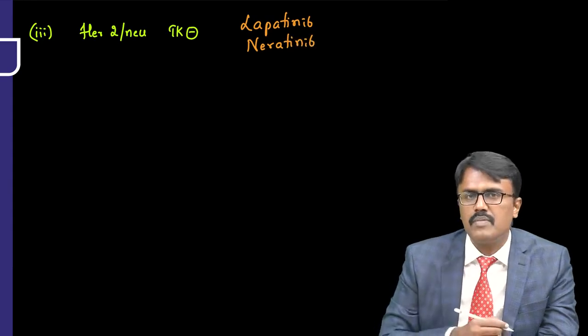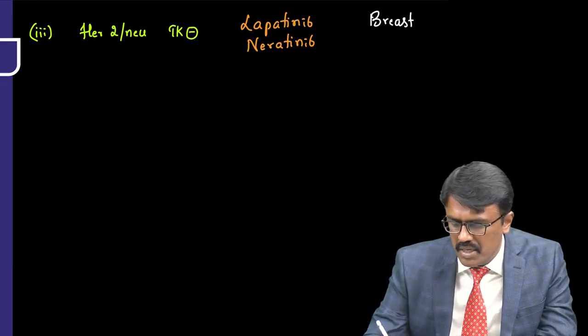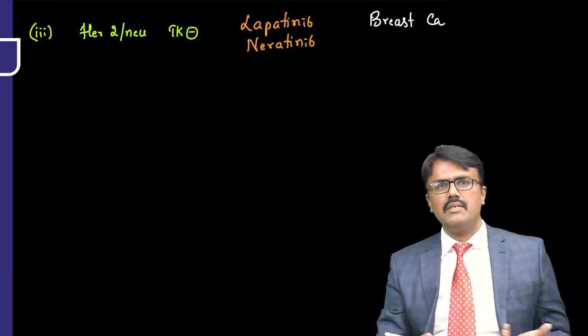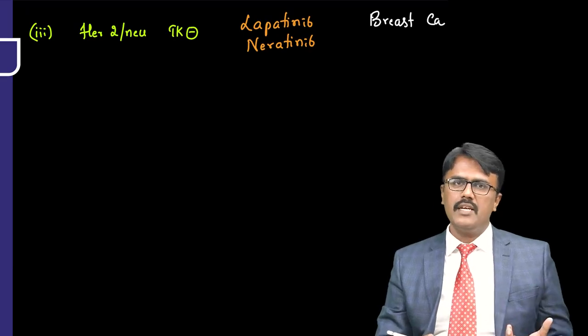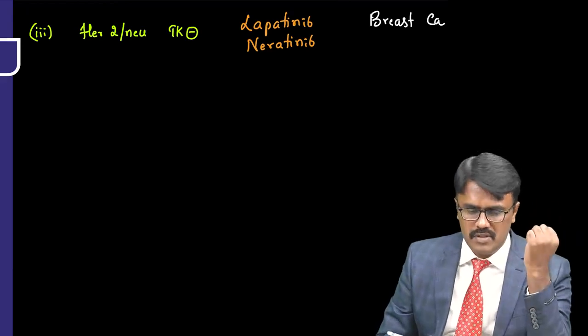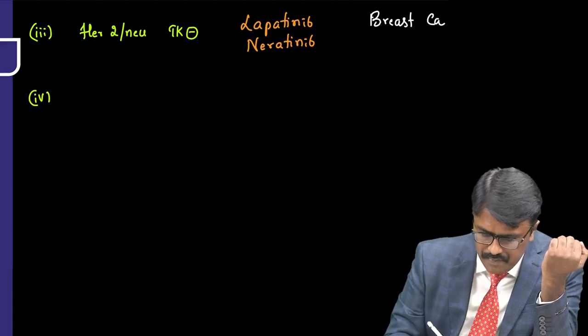So where do you use them? Obviously they are used in breast cancer which has metastasized. So metastatic breast cancer, we can use them. Usually for breast cancer we do surgery, but many times if it is metastasized or if surgery is not possible, then we use these drugs. And please note down, these drugs are given orally.